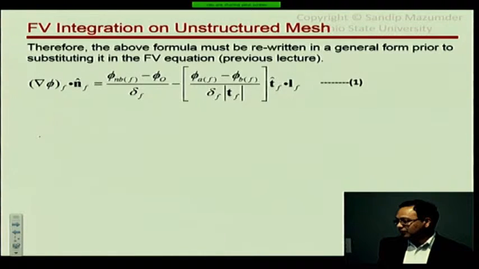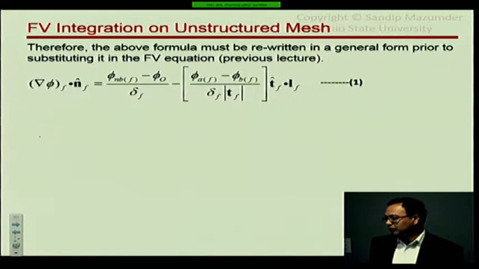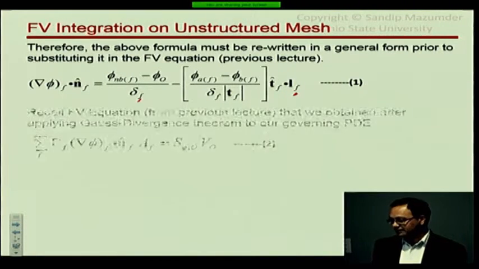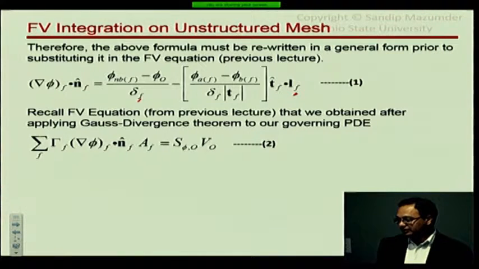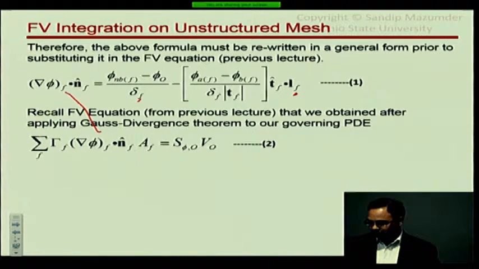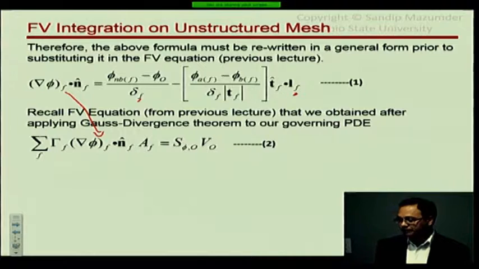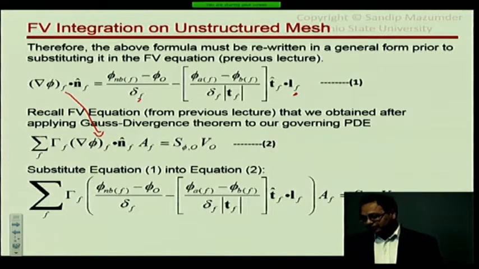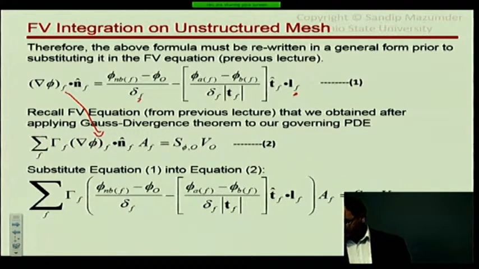Once I plug all that in, this is my overall expression, and here I've put in the face index just to make sure that it's local to the face. This expression will get plugged into my finite volume equation, and this is the final algebraic equation. The right hand side is still the same as the Cartesian mesh.